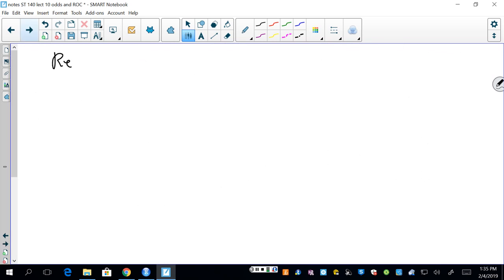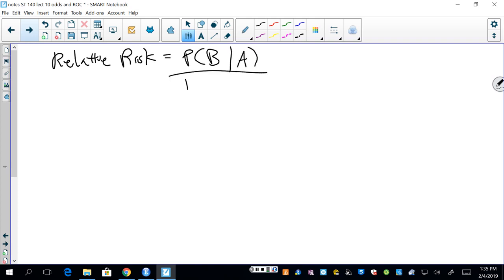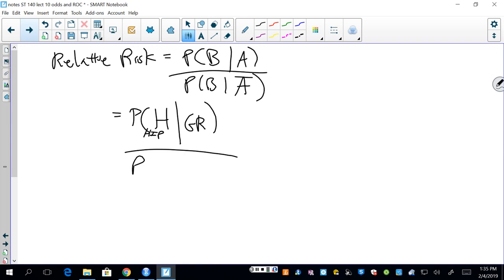Relative risk, in general, is the probability of B given A over the probability of B given not A. In our application here, it's the probability of hip dysplasia, that's B, among the golden retrievers relative to the other group, the border collies.